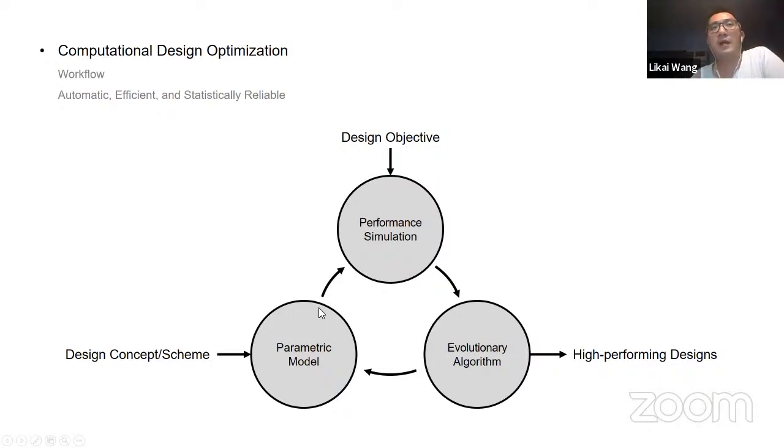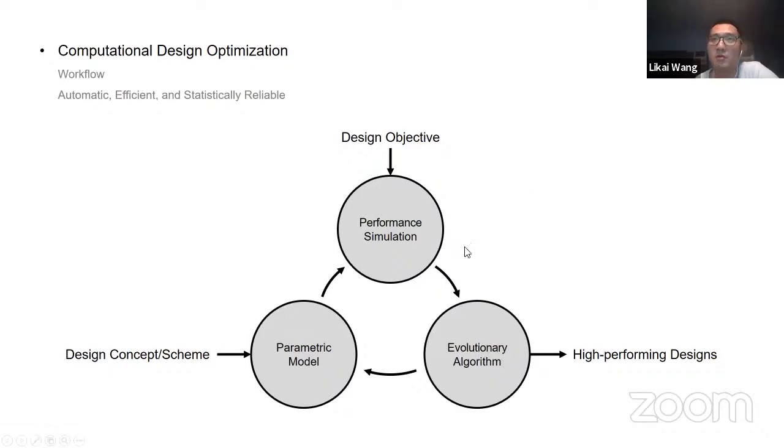The design generated by the parametric model goes to the performance simulation part, and the designer also has to define the design objective, for example maximizing daylighting or minimizing solar exposure, and then calculate the building performance as a performance indicator, which in the context of evolutionary design we call the fitness score.